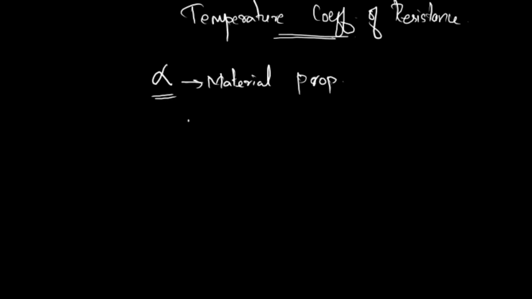Using this temperature coefficient of resistance, the resistance of the material can be calculated as R1 is equal to R0 into (1 plus alpha into (T1 minus T0)).